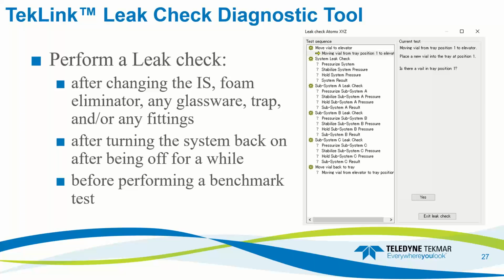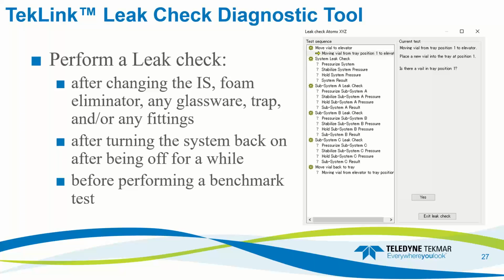After turning the system back on after it being off for a while, maybe like a holiday break, and before performing a benchmark test, because you want to make sure that the system is leak tight for that. If not, the benchmark might say there's a failed purge valve when that might not be the case, and then you're going down a rabbit hole to try and fix something that isn't broken.